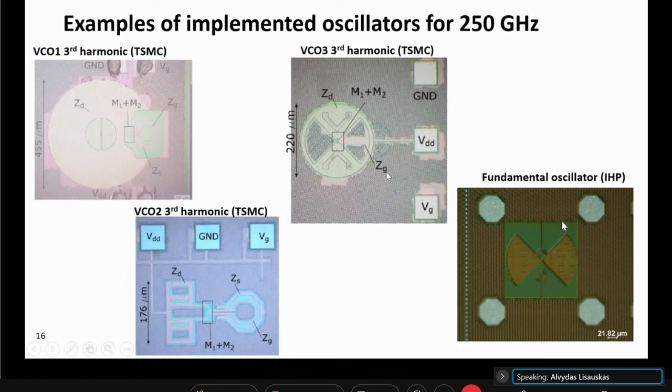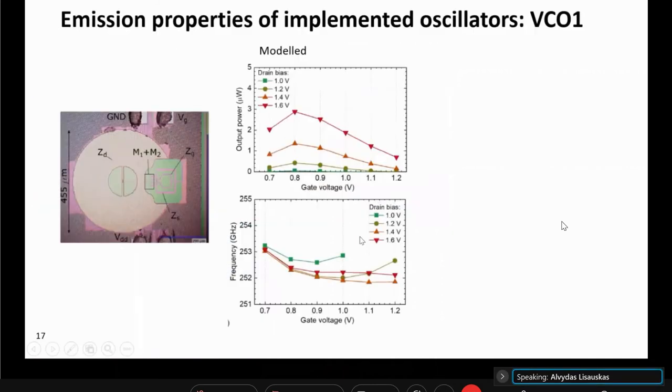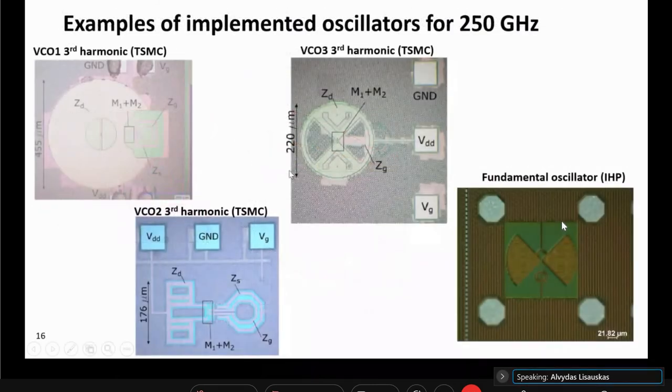And at the right side here, we have a fundamental oscillator in IHP technology, where the antenna works both as inductor and emitting element. For CMOS devices, those were kind of separated. For low frequency, it had to be an inductor, and it has a good dipole moment only for the third harmonic.